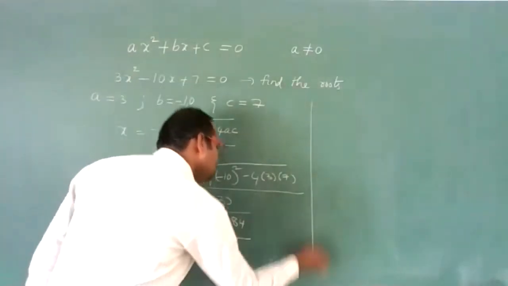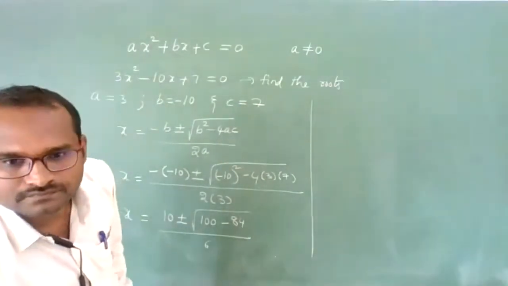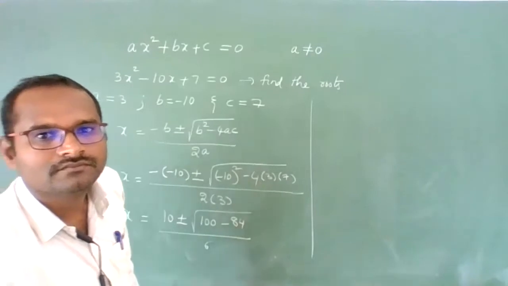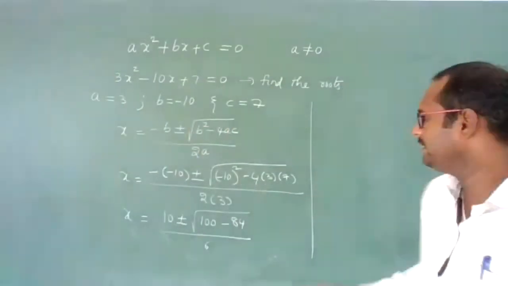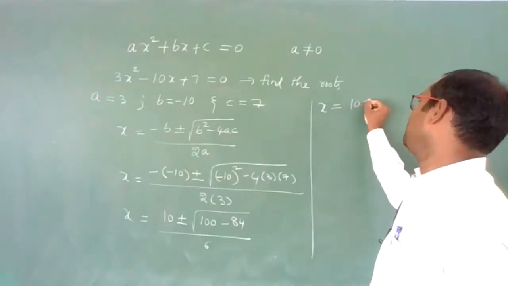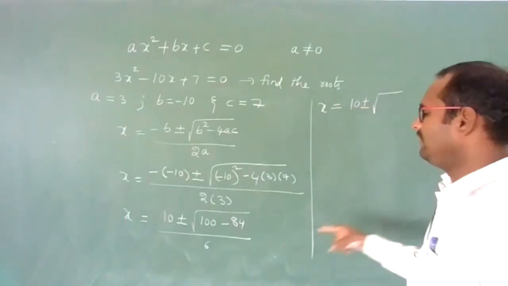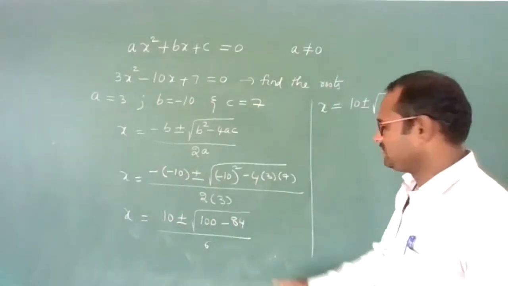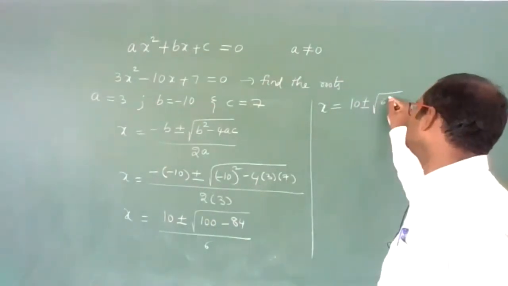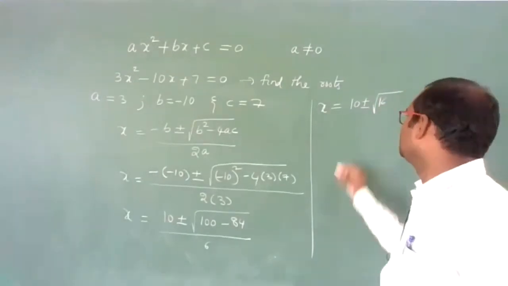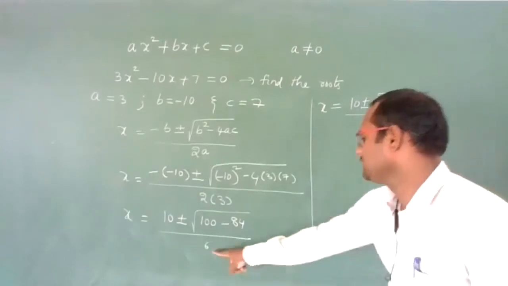So you will get x, means roots, are 10 plus or minus under root of 100 minus 84. How much? From 100, if you subtract 84, you will get 16. Correct? Divided by 6.